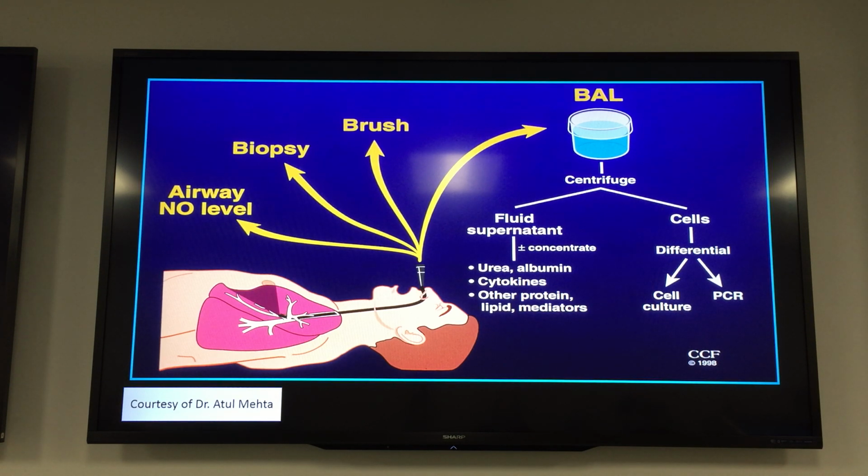So what you're getting in that fluid is the composition of the alveoli that are outside. So you're not worried about the within-bronchus stuff there. So that bronchoalveolar lavage fluid, or BAL, is one of the things that a bronchoscopist can do when they're in there trying to assess what's going on in the lung. Is that clear to everyone? Now's your chance to ask questions about this. Any questions so far? Everything clear to everyone?